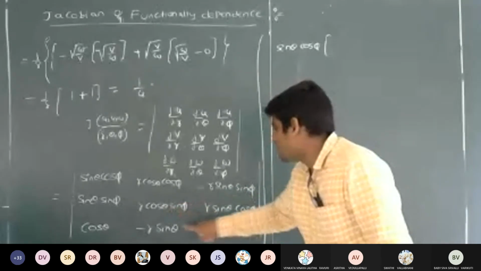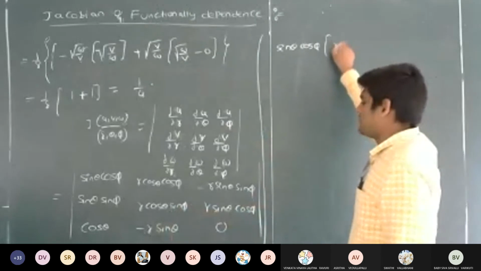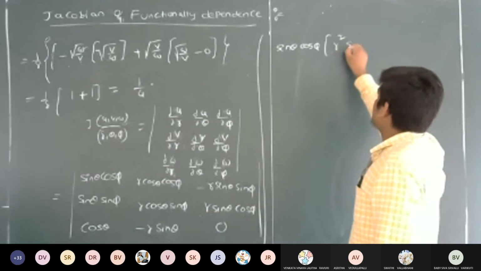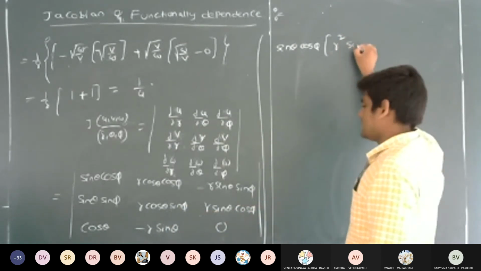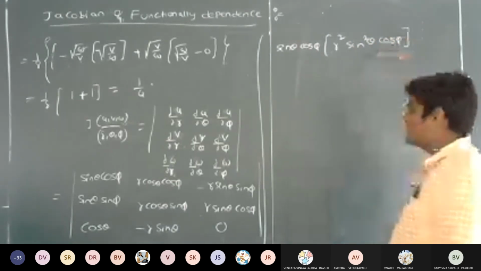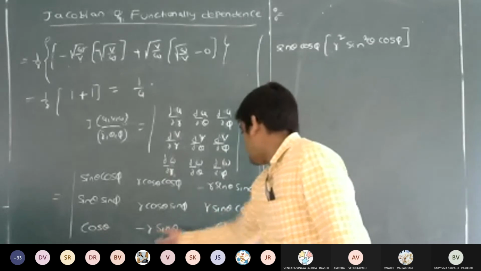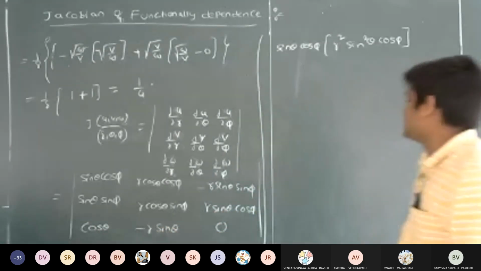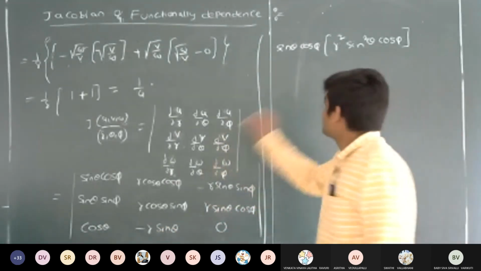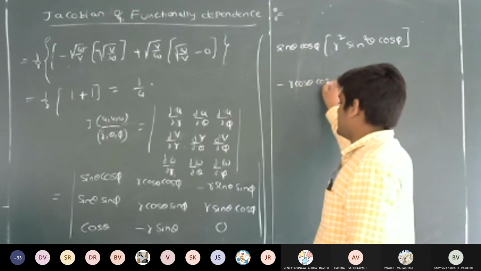That is AD is 0. Now we have only BC. Minus of minus is plus. So it is nothing but r square sin square theta cos phi. Here r into r is r square, sin theta into sin theta is sin square theta. Next one, minus r cos theta cos phi.